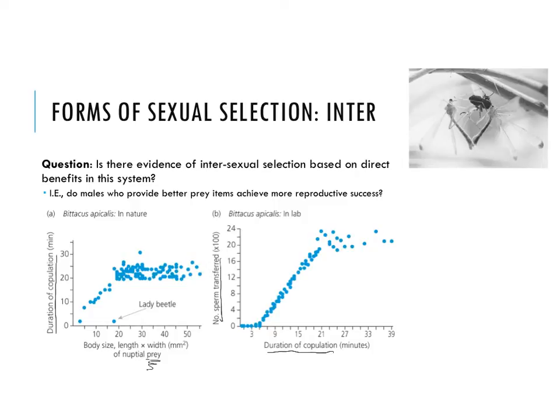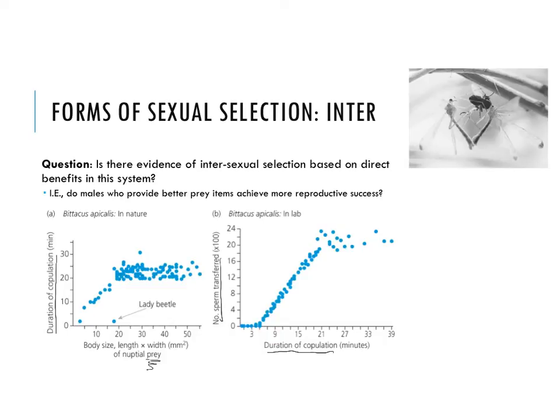So again, a couple questions are going to pop up, and I want you to work through them to see if you think that males have an advantage for providing resources to females. All right, so let's talk through these.